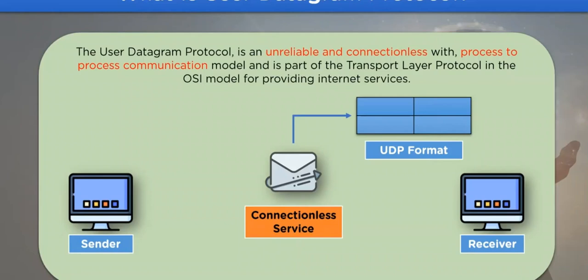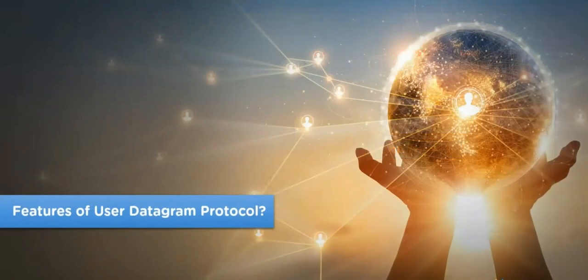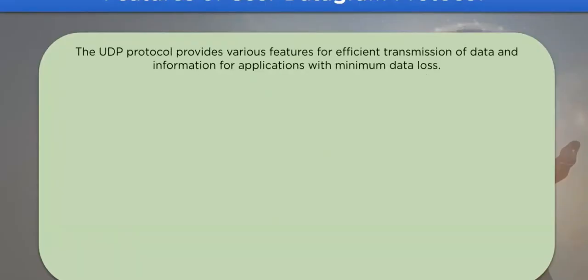Let's move on to the next heading. Features of using user datagram protocol. The user datagram protocol provides the network with various efficient and easy to understand network protocol features to apply over the data that is to be transmitted, where the first feature of UDP is related to the working area.